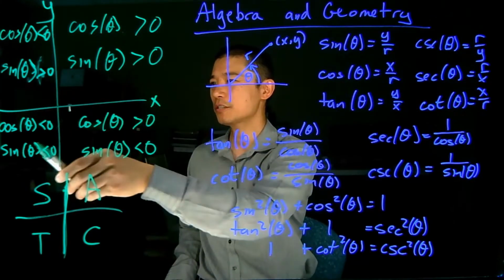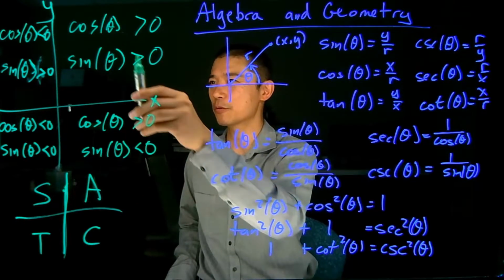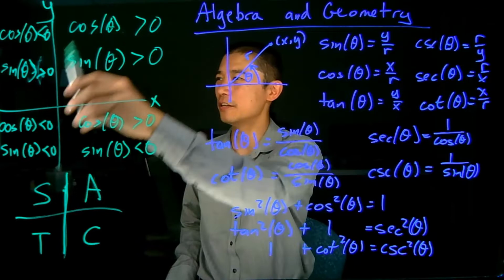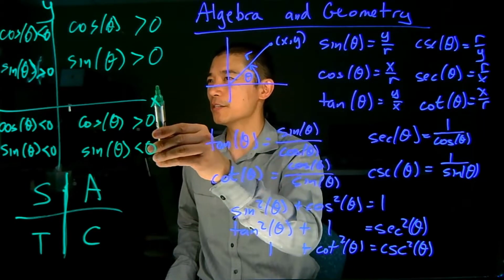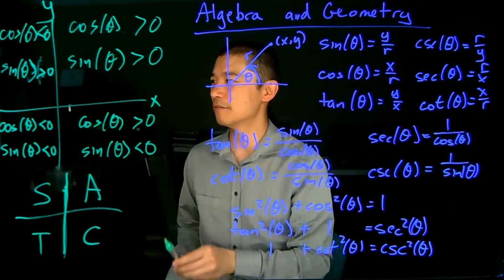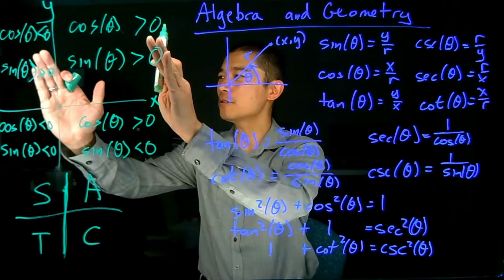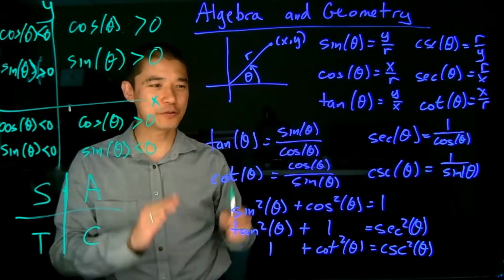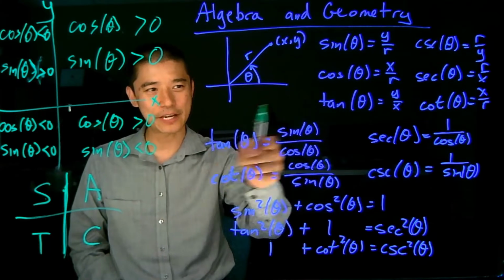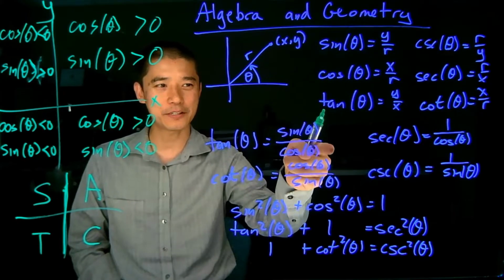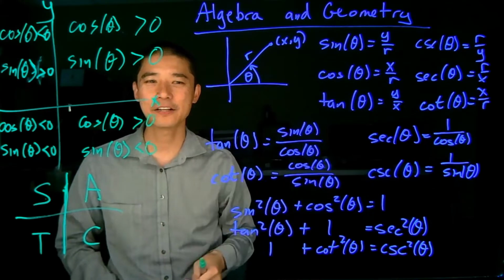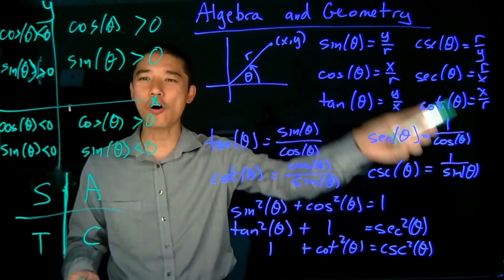The quadrants are determined by whether x and y are positive or negative in each of these quadrants, which corresponds to cosine and sine being positive and negative. Once you have those things, you just take these formulas right here, and you can just apply them. So for example, if sine is positive and cosine is negative, tangent will be negative because positive divided by negative is negative. So there you go. This is how all this information relates to each other.